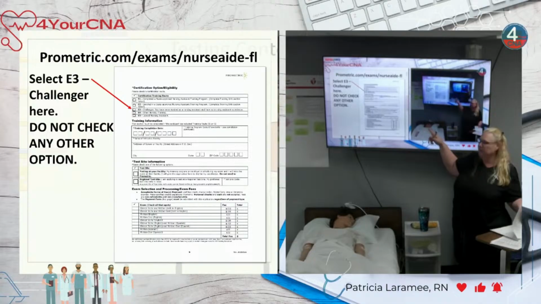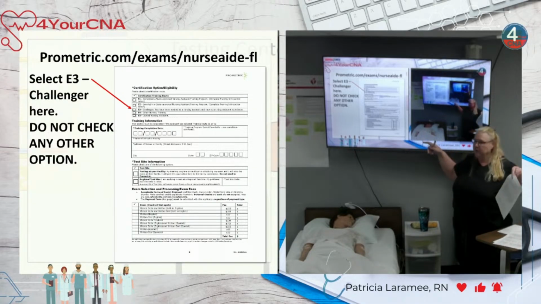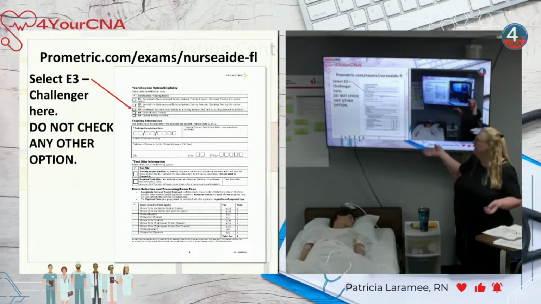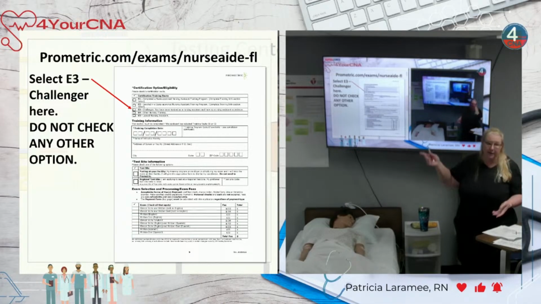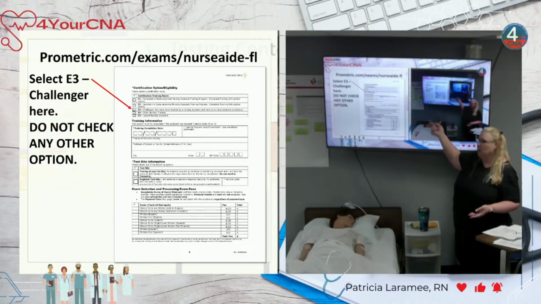This does not meet the 120-hour requirements. So everybody will register as a Challenger, but you're in good company. 88% of all people testing are Challengers. Hardly anybody. The only people that go through a school right now are high schoolers. Those are the only people that actually complete a 120-hour program. Everybody else is a Challenger. So we're going to check off E3 Challenger. Nothing else, just E3 Challenger.